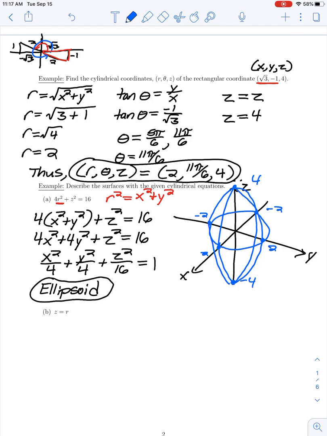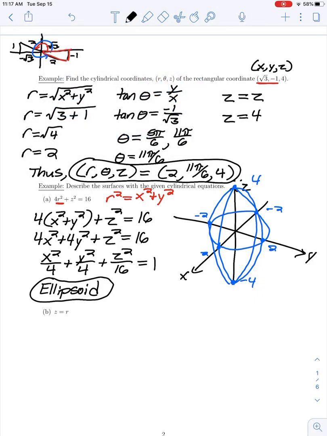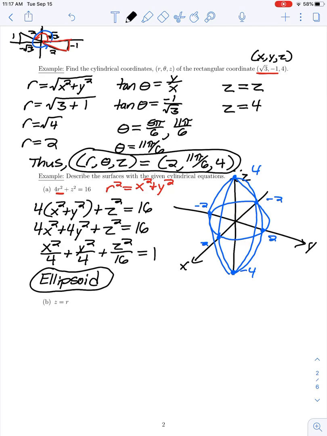Now, in our part B equation, we have z is equal to r, so a linear function in terms of z and r for cylindrical coordinates. Let's see what this represents. So here, converting to rectangular coordinates, we know that the right-hand side of our equation, which was r, is equivalent to the square root of x squared plus y squared.